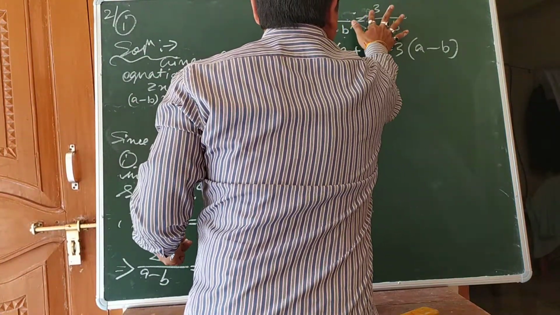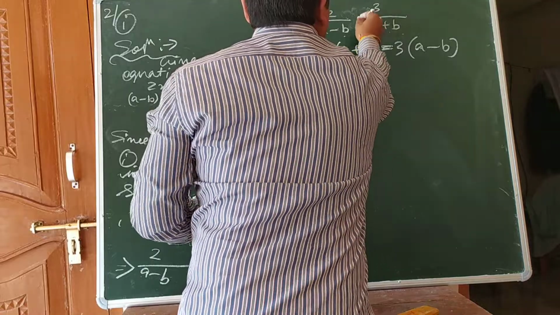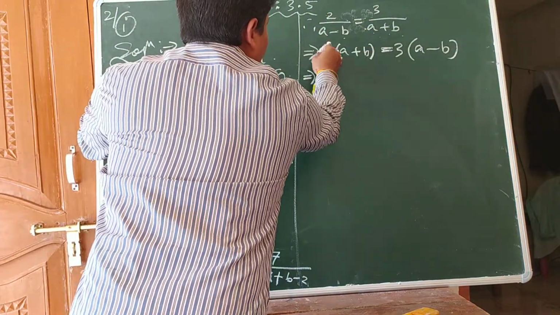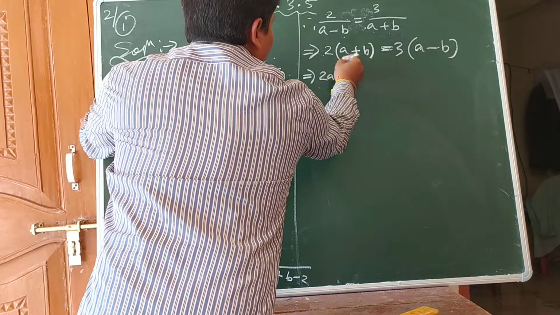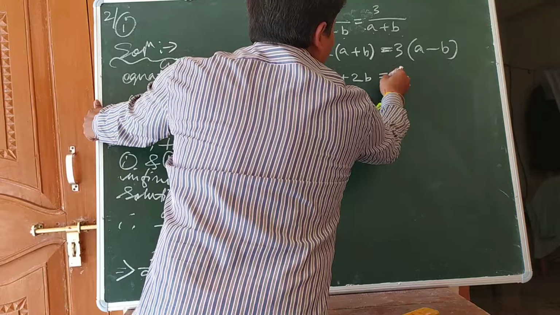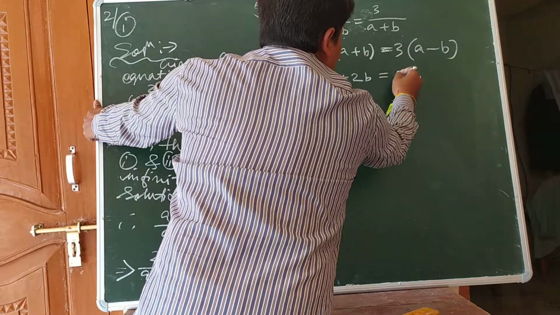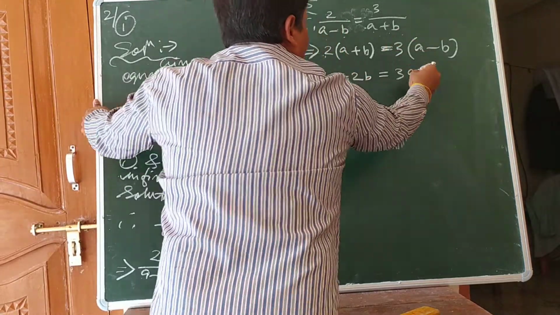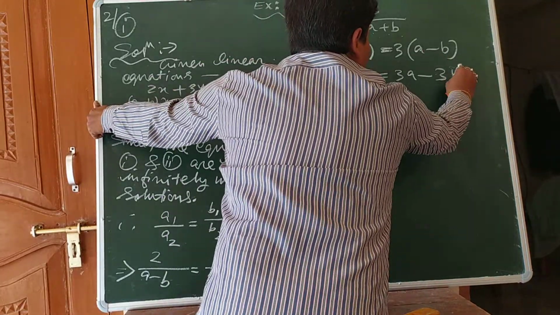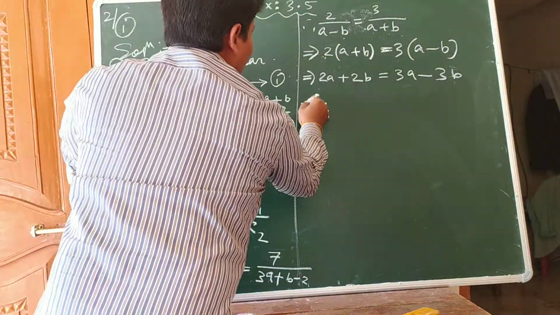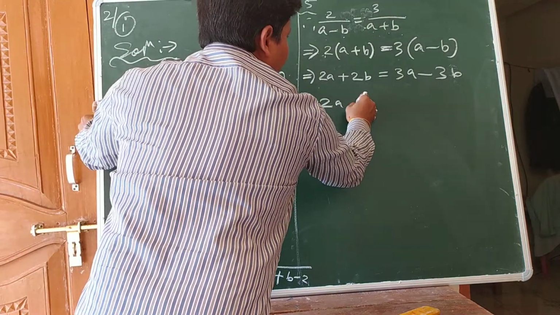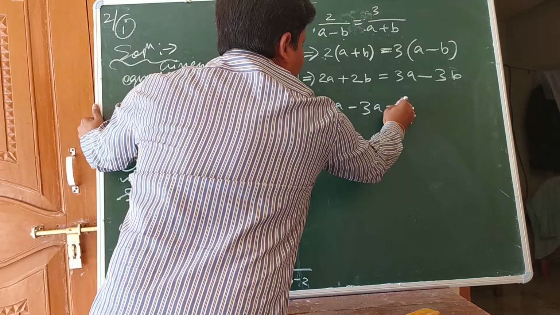Now do the multiplication: 2 into a plus b, twice a plus twice b, equal to 3 into a minus b, 3a minus 3b. Now bring the a terms to the same side, twice a minus 3a.